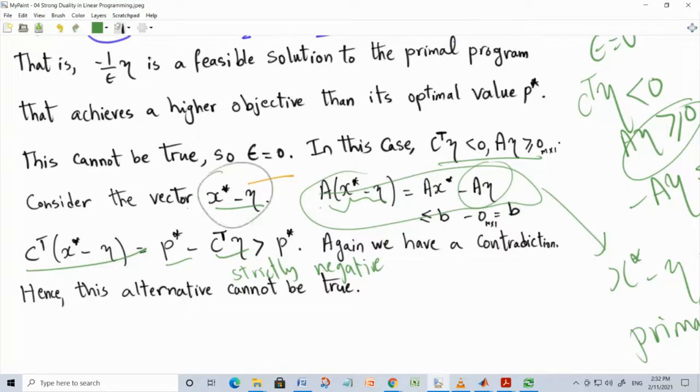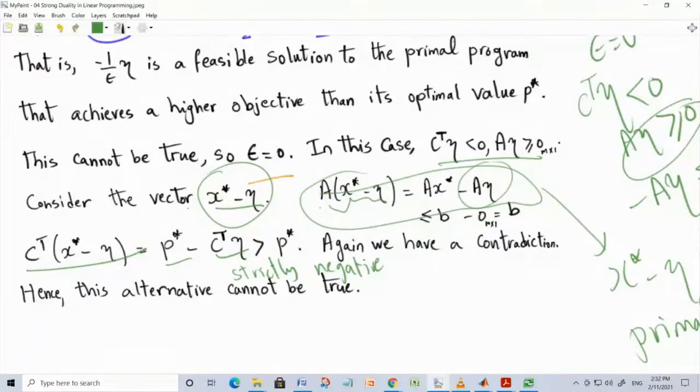So this vector, x star minus eta, is feasible for our primal linear program. It satisfies the constraint that A multiplied by the vector is less than or equal to b, and at the same time, its inner product with c gives a value strictly greater than b star. But how can that be the case if b star is the maximum objective for the primal program?